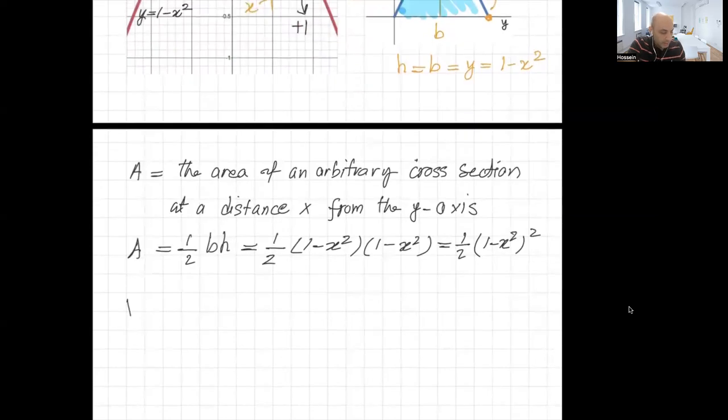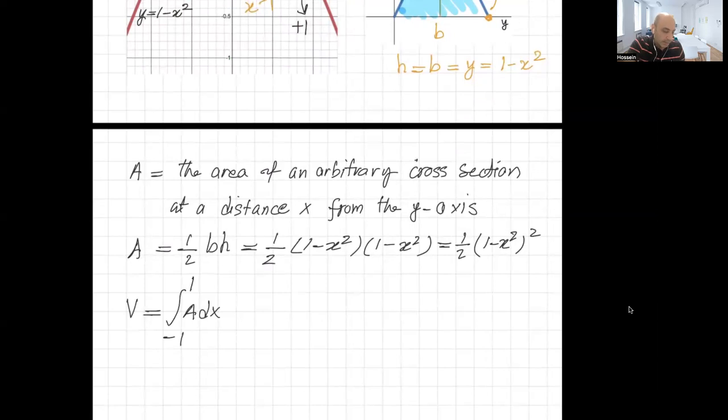So the volume is equal to the integral of a times dx from -1 to 1.